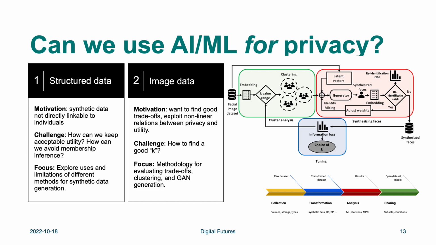So we did this using generative adversarial networks to get the synthesized faces and created a whole workflow to find this good trade-off and get privacy guarantees, in this case in the form of k-anonymity, at minimal loss of utility.